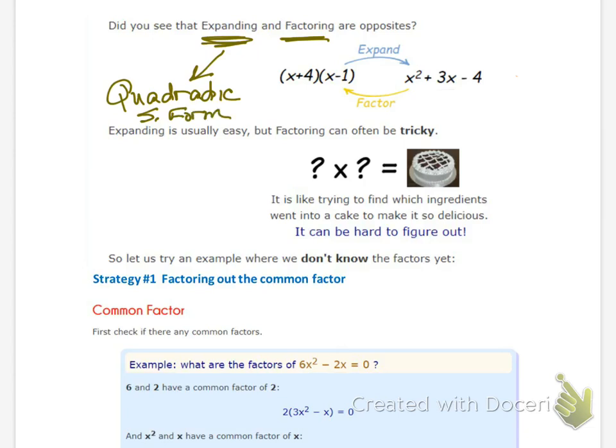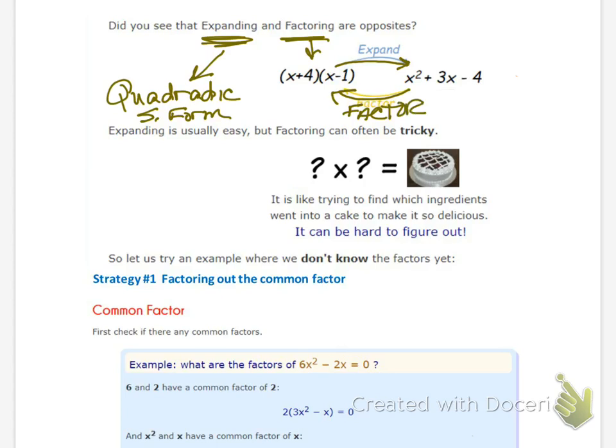When you factor, you get your factors, these two factors that make up our quadratic. So expanding is going this way, and factoring is going this way. Many people will confuse those two terms, so make sure that you are clear on that.